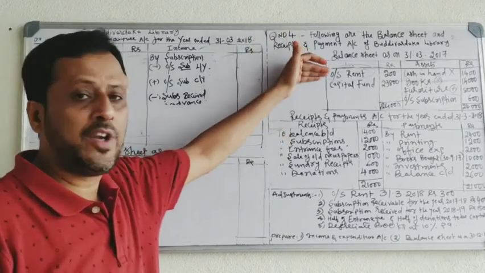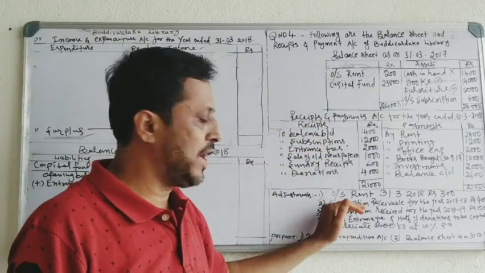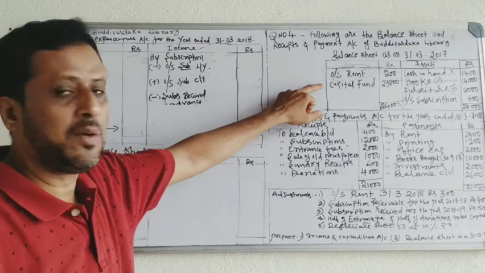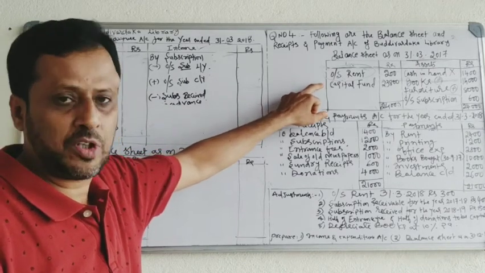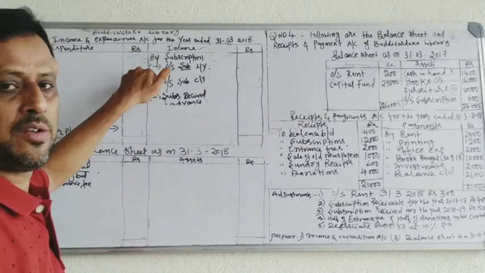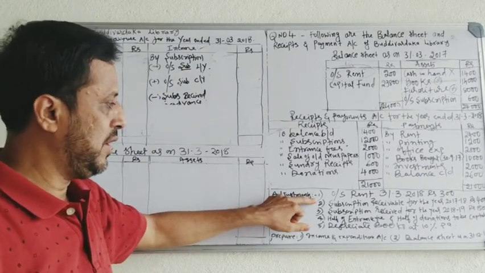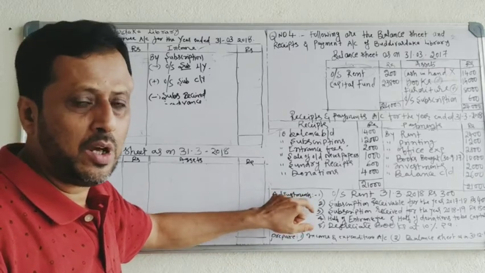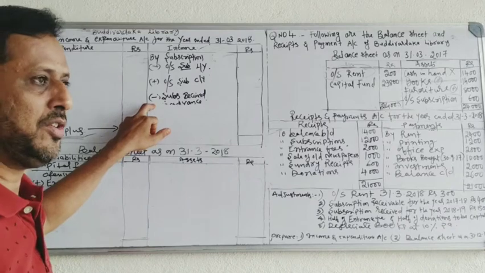Last year's outstanding items you have to deduct here; current year outstanding items you have to add here. Last year's outstanding rent and outstanding subscription, given in the balance sheet of last year, you have to deduct in the income and expenditure account. Outstanding rent and outstanding subscription given in the adjustment belong to the current year, so you have to add them. Keep this much in mind.